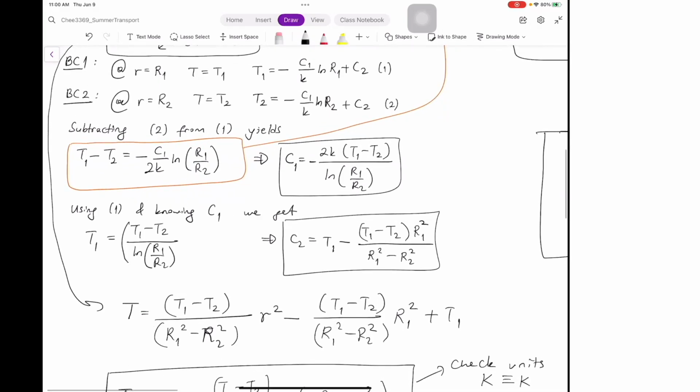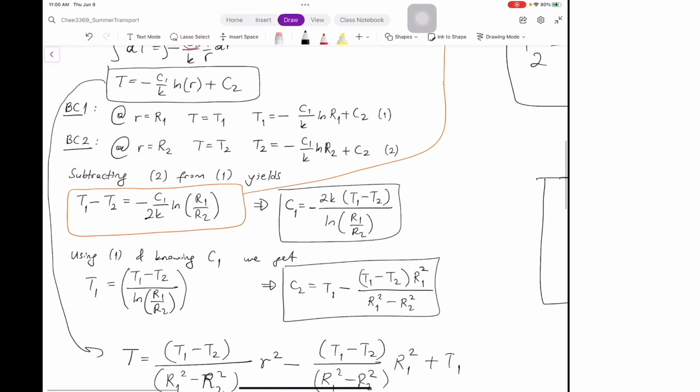I have a question. Sure. In the T1 minus T2 expression, shouldn't the 2k just be k? Yeah, this time it was not R, so it's not R squared over 2 now. It's just a logarithm of R. Exactly. Thank you for correcting that.